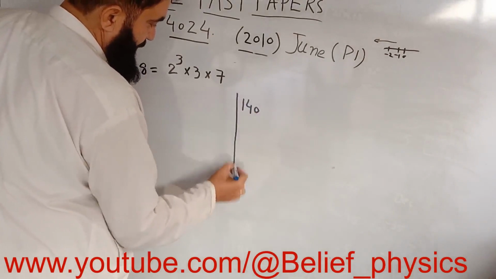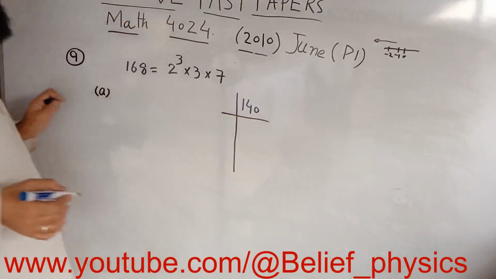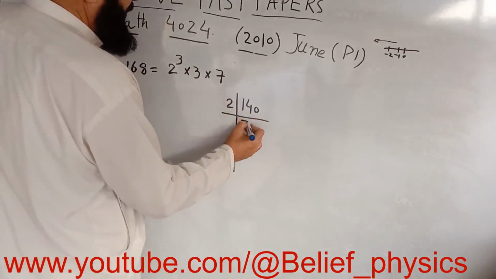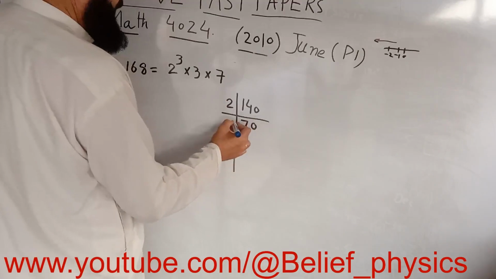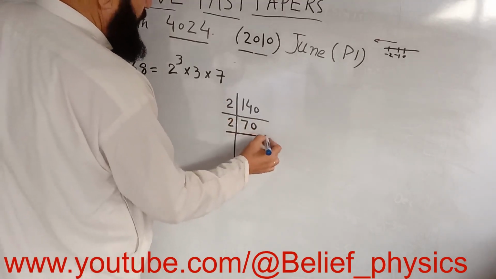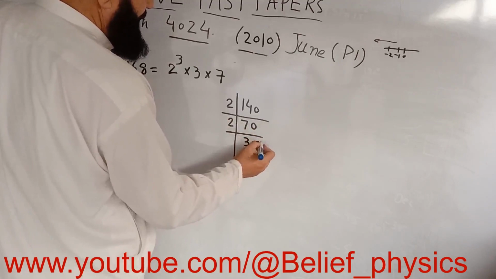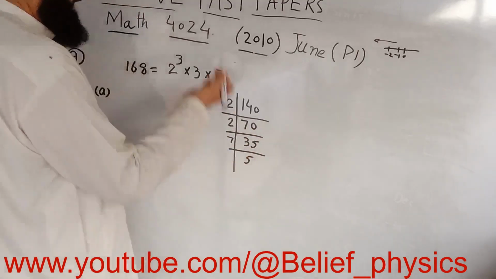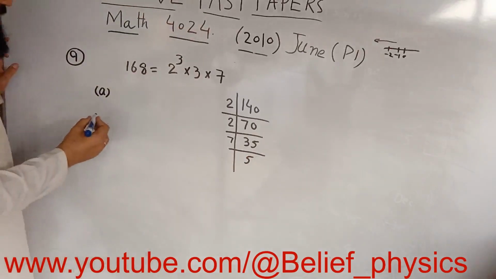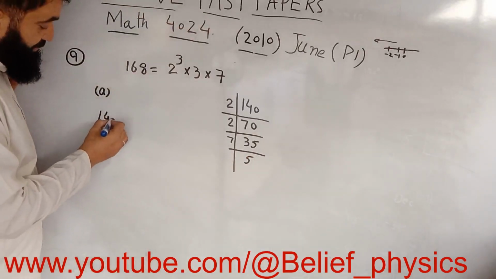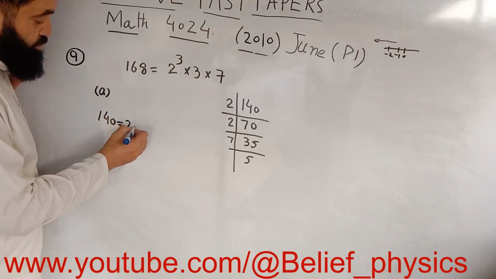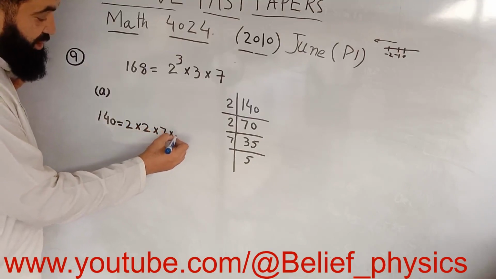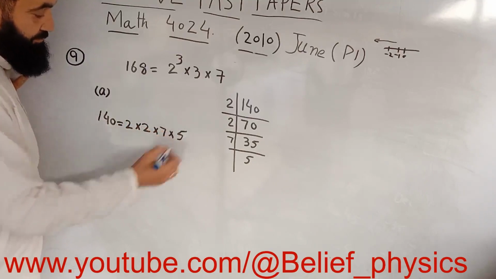140, we divide it only by prime numbers. First is 2. 2 sevens are 14, and 0. Then again 2, 35. Then 7 and 5. All numbers are prime. So write 140 equal to 2 multiplied by 2 multiplied by 7 multiplied by 5.